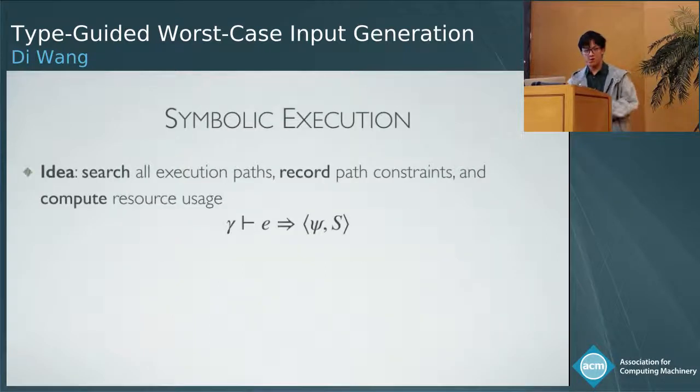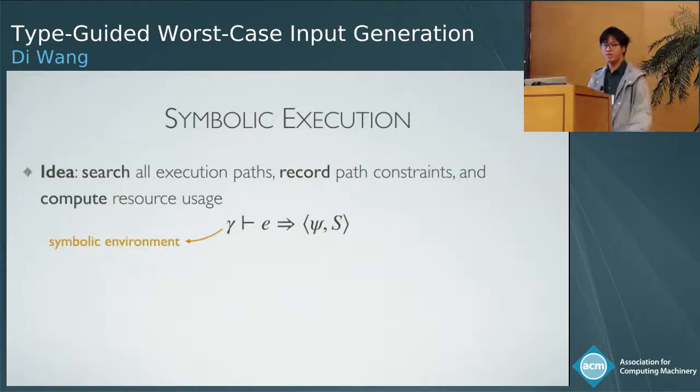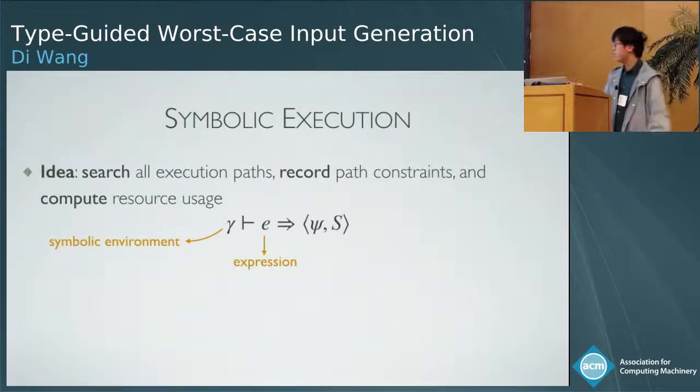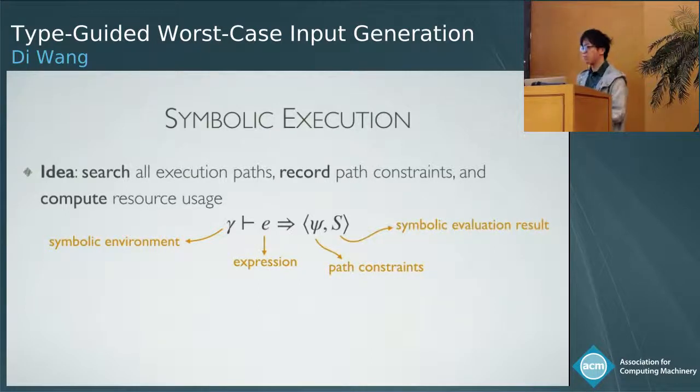Our type-guided worst-case input generation is based on symbolic execution. The basic idea is that we can search all the execution paths through the program, record the path constraints, and then compute resource usage. After you have all this information, you can determine which one is the worst case. Formally, you have a symbolic environment gamma, which maps program variables to symbolic data structures, and your program is an expression E, and the result of the symbolic execution is a pair of path constraints and a symbolic evaluation result.